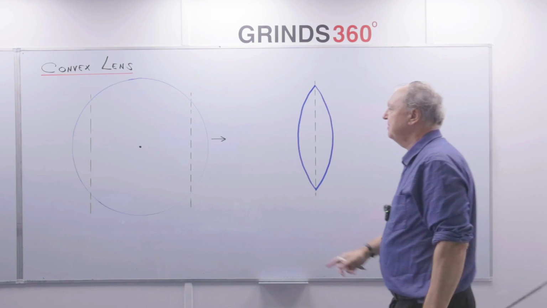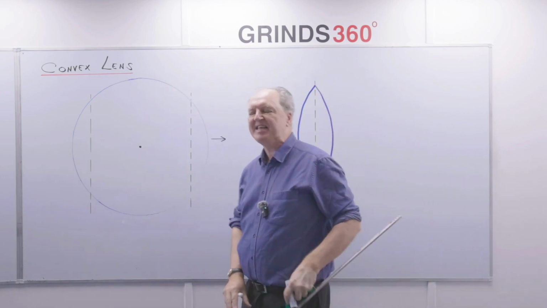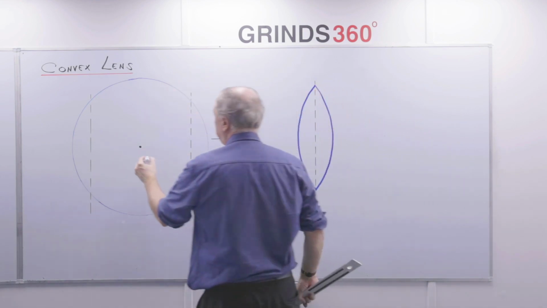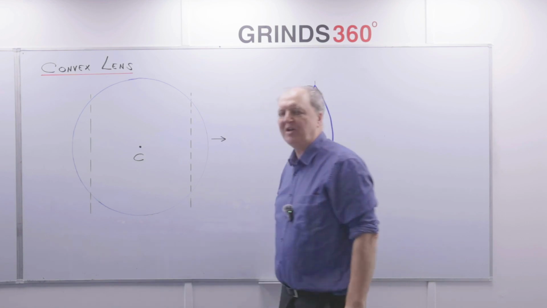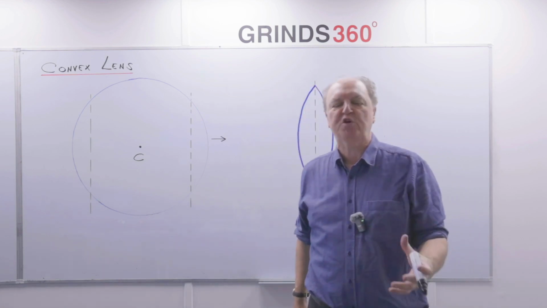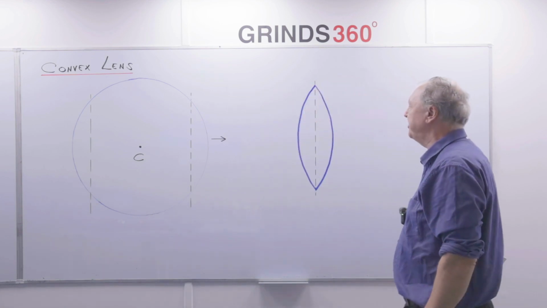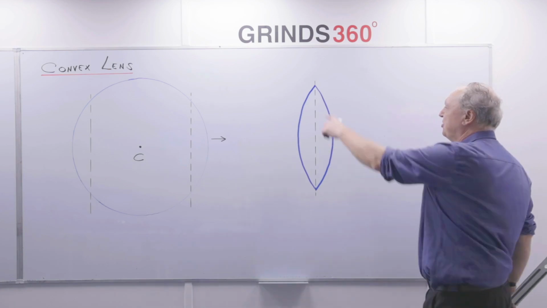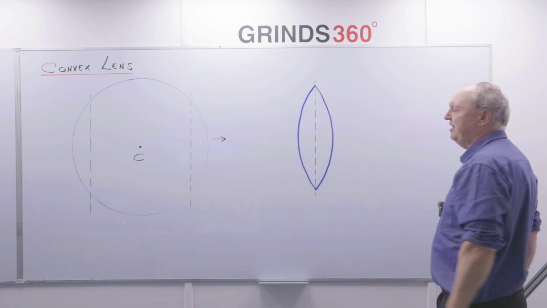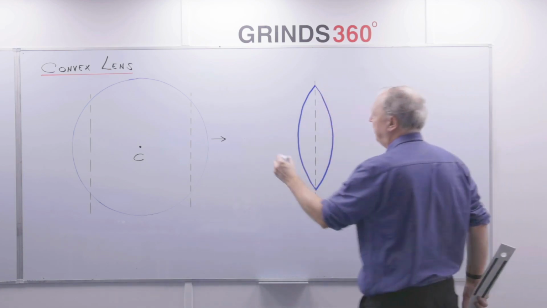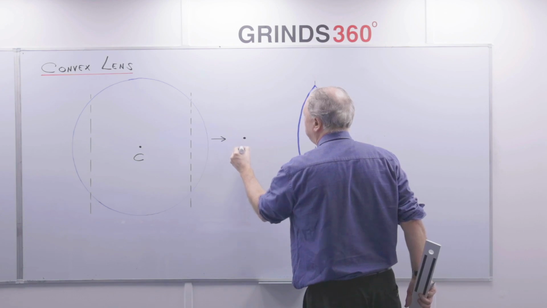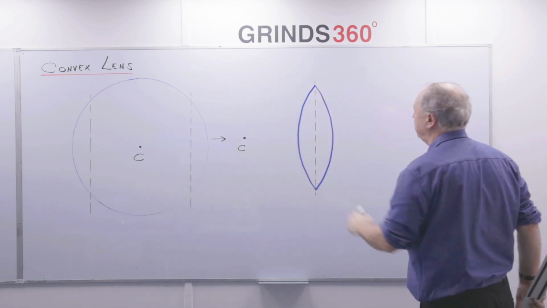Now, of course, that sphere has a center. And that center we call C. We call C the center or the center of curvature if we want to be a little bit fancy. And of course, these 2 parts of that sphere, they'll still have their center. There's the center there of the right-hand part.